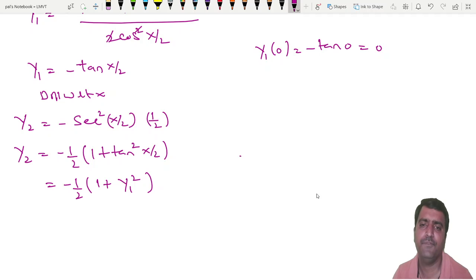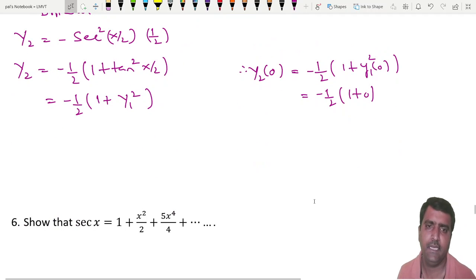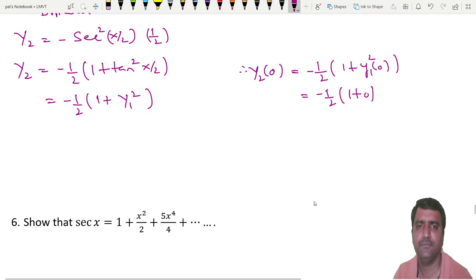So find the value of y2 now. y2 of 0 is equal to minus 1 by 2 into 1 plus y1 of 0 square. y1 of 0 is 0, so it is minus 1 by 2. y2 of 0 is minus 1 by 2.